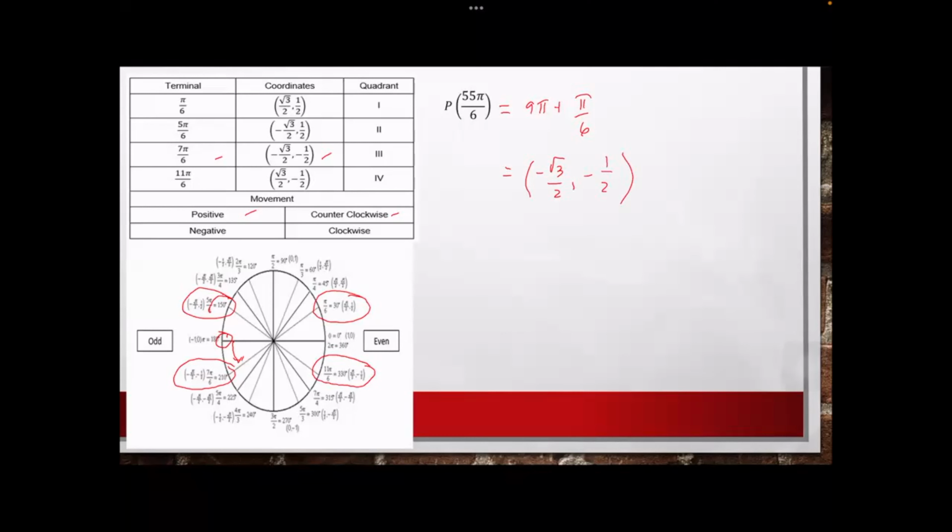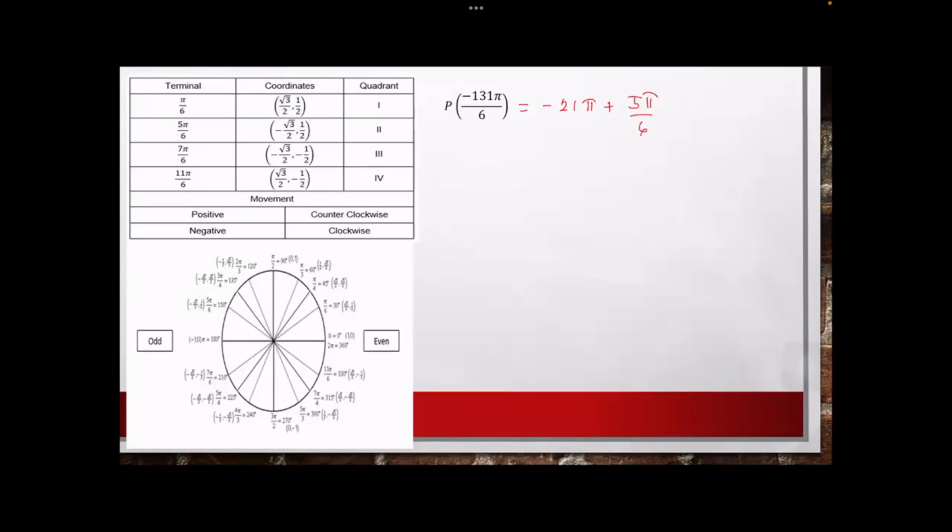Let's have negative 131 pi over 6. Johan, sa'yo ba to? Okay. What's the answer? Negative 21 pi plus 5 pi over 6 po. So this is negative 21.